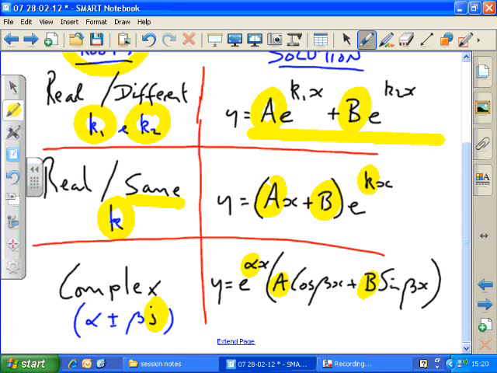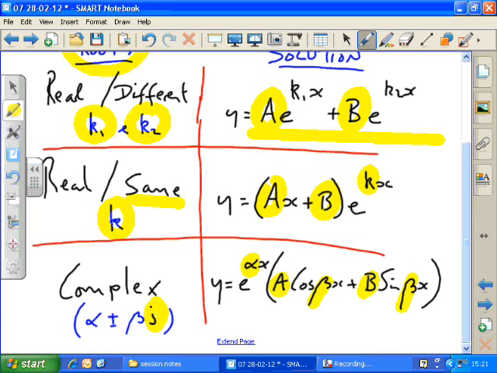The cosine term, cos of the beta x, where beta is the imaginary root, and sine beta x, where beta again is the imaginary root. And sometimes you've got both the cosine and the sine functions involved. Sometimes one of these functions, the cosine or the sine function, disappears.